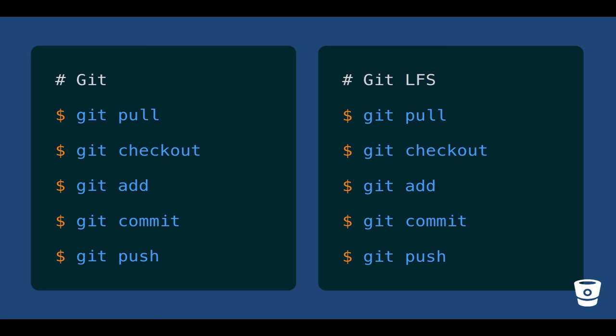The nice thing about LFS is that a significant amount of the large file tracking logic is baked into the server. So when you do a push or a pull, Bitbucket actually sends down some storage URLs which can be used to store your content and download your content. And this is all handled by the Git LFS client for you. So you can literally use exactly the same workflow that you're using currently with LFS, and it should just work.